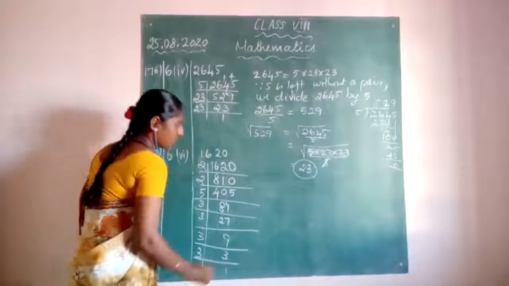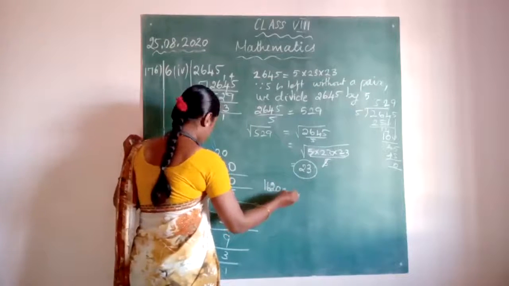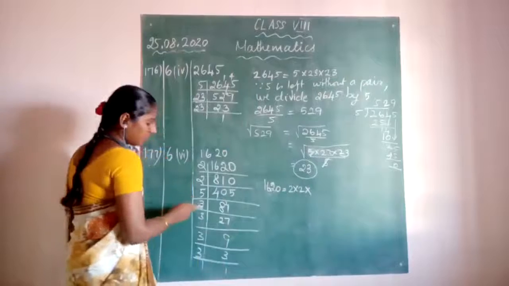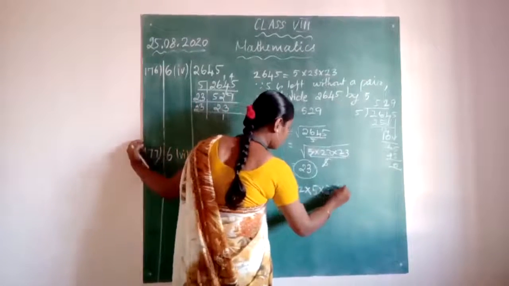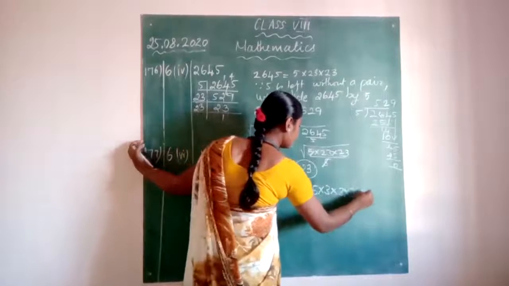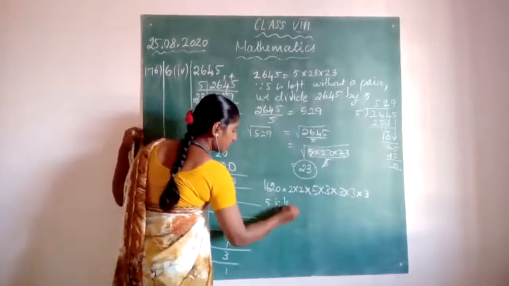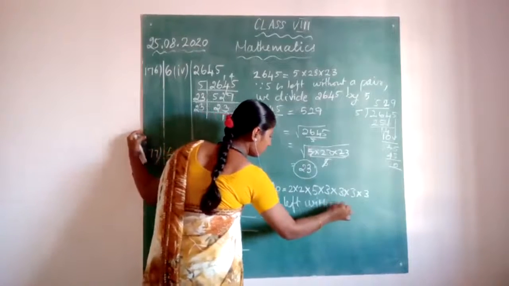Okay, so you will write 1620 as 2 into 2 into 5 into 3 into 3 into 3 into 3. Okay, so 5 is left without a pair.